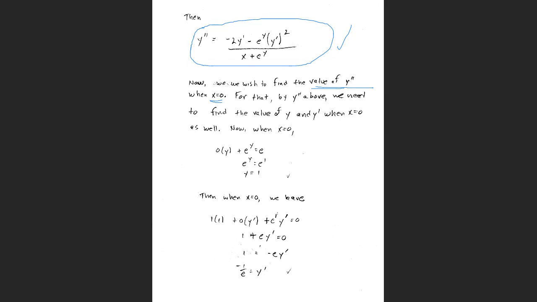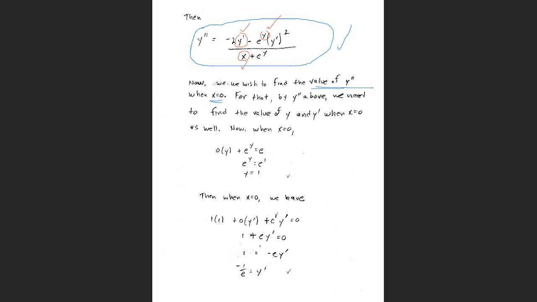Well, the second derivative by this equation is ultimately a function of x, y, and y prime. Well, x we know because x equals 0. But now we have to figure out, what's y, and what's y prime going to be when x equals 0?